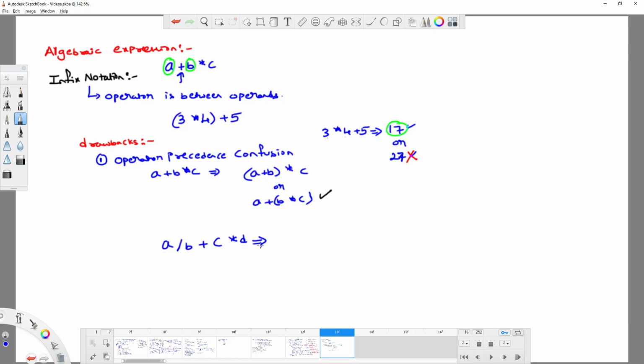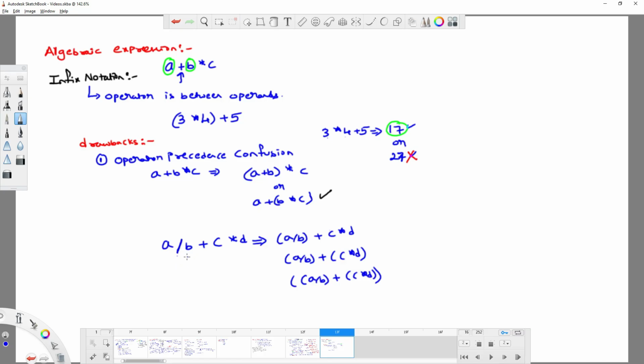In general, you hold the things and perform A by B, plus C into D. Indirectly, you are trying to find out what operators we have, and checking the precedence of the operators.